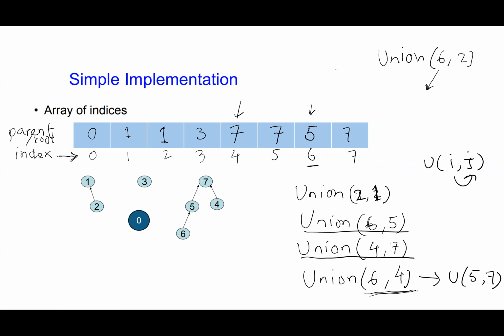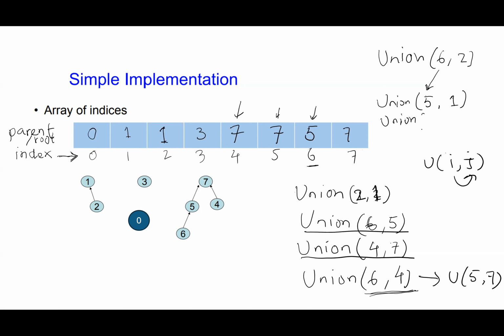So the representative here is 5. And for 2, it says 1. That means it becomes a union of 5 and 1, right? Okay, so if I go to 5 again, it now gives me 7.